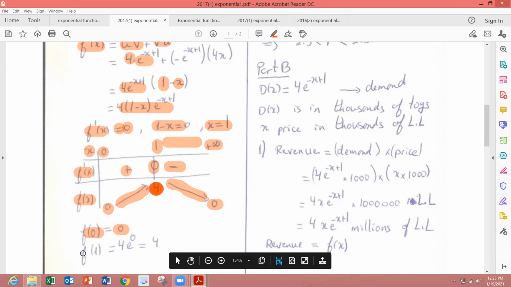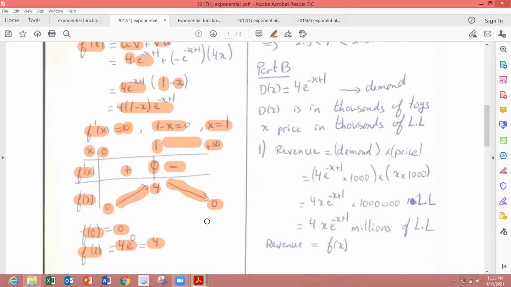f of 1. If we replace x by 0, we don't get e to the power 1.